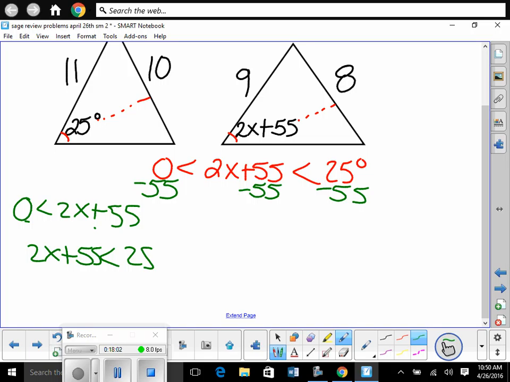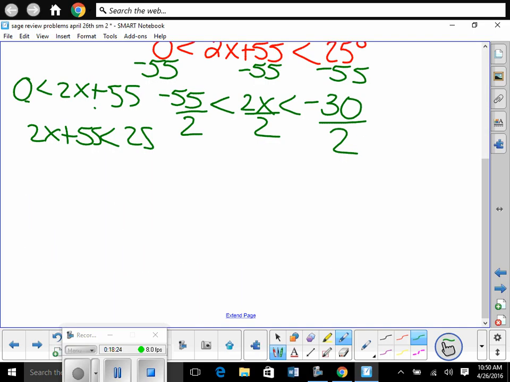So we subtract 55 from both sides. So we have negative 55 is less than 2x, which is less than negative 30, right? If we solve for them individually, we'd get the same thing. So then we would divide by 2, divide by 2, divide by 2. So we know that our x value has to be, what is negative 55 divided by 2?